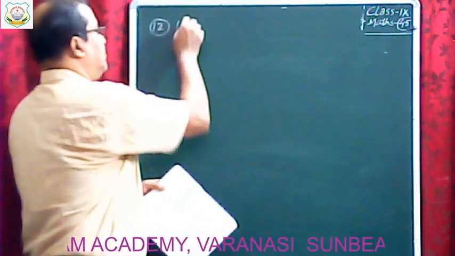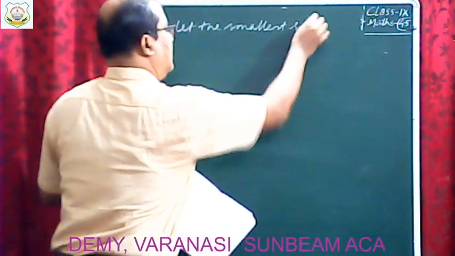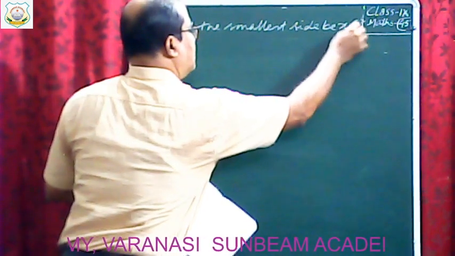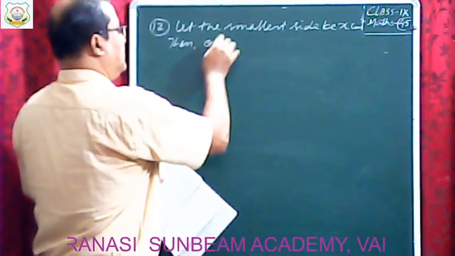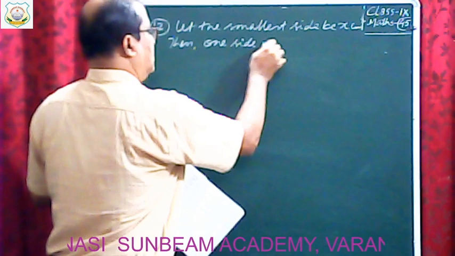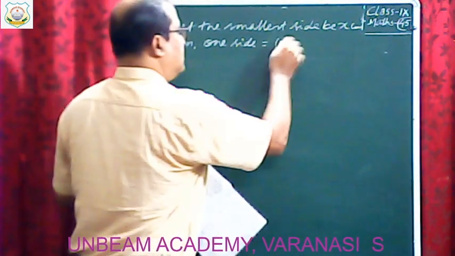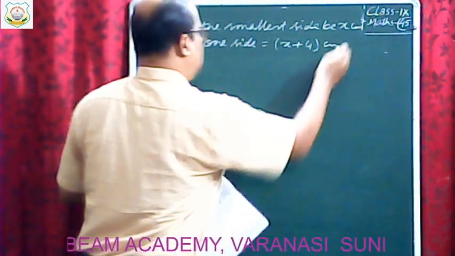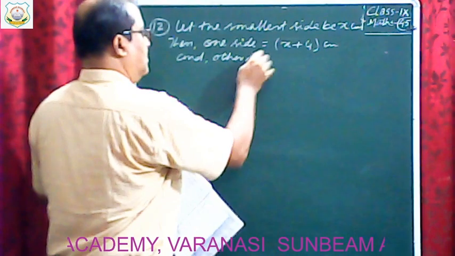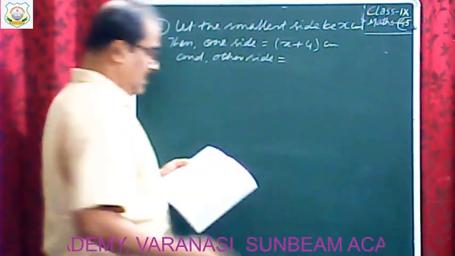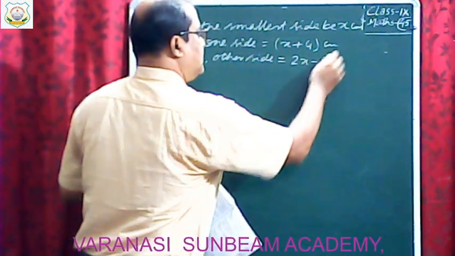Okay, so first of all we suppose let the smallest side be x centimeter, then one side is equal to 4 centimeter longer, means x plus 4 centimeter, and the other side is 6 centimeter less than twice the smallest, that is 2x minus 6 centimeter.